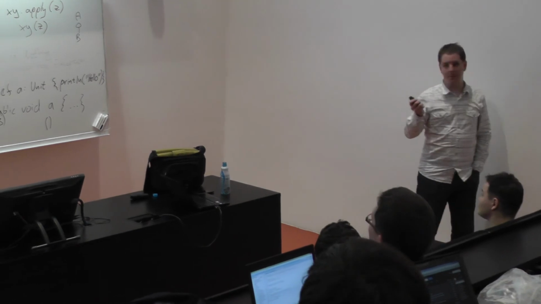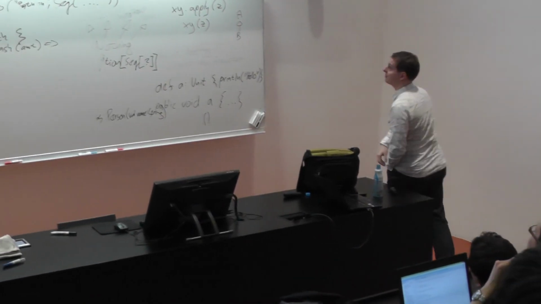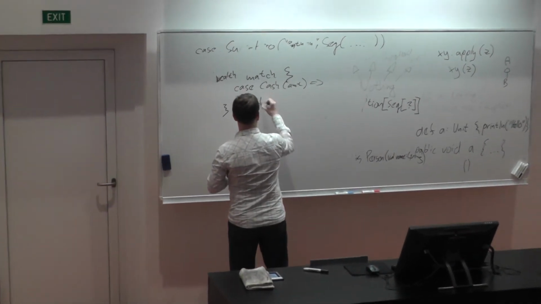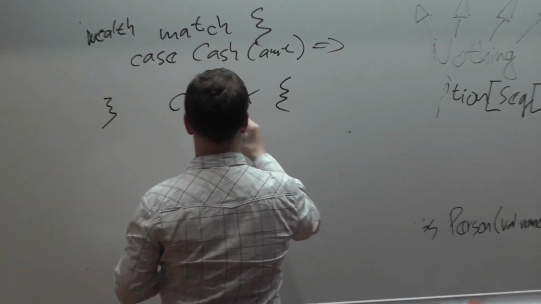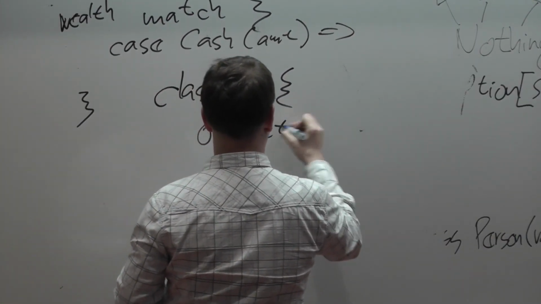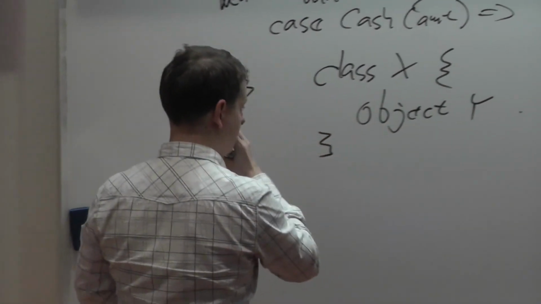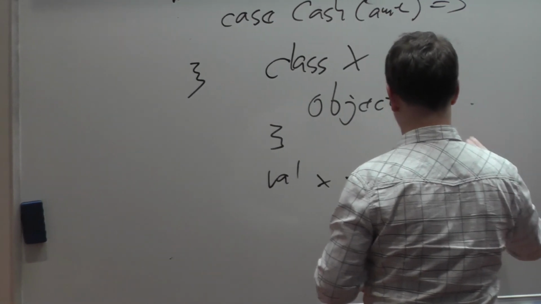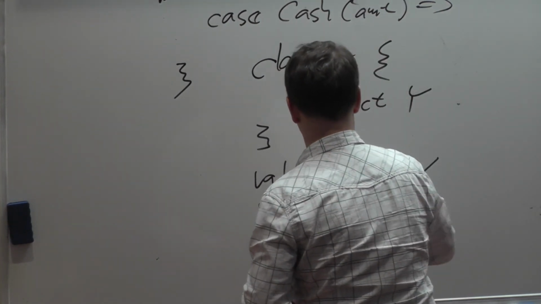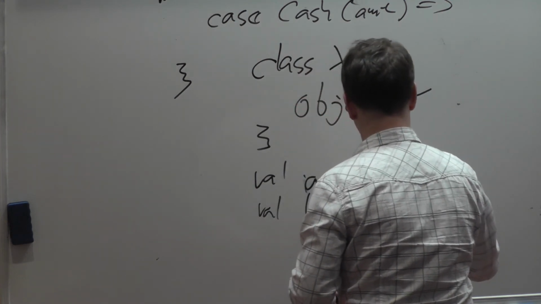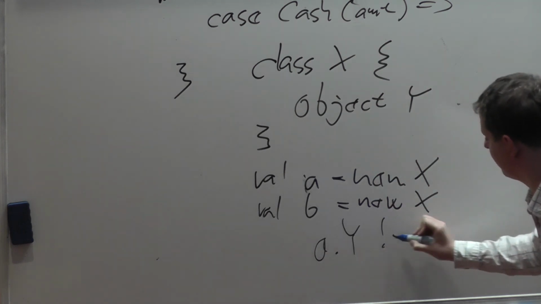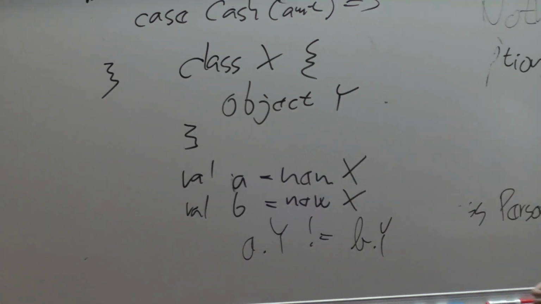So yes, there is a singleton pattern used, but if the object is used inside of a class X, and inside is an object Epsilon, then if we have a, b as new X, then a.Epsilon is not b.Epsilon.